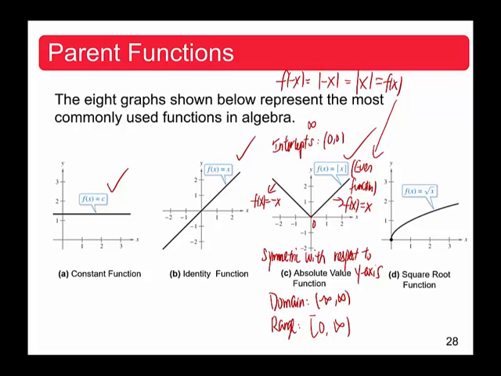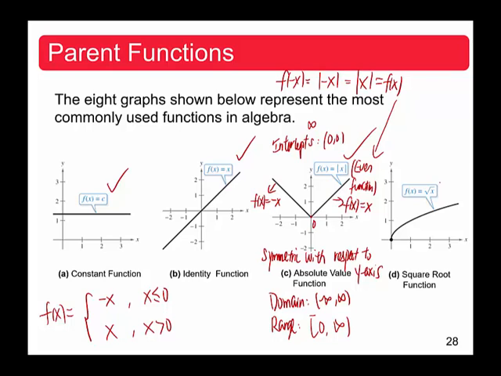So if you want to write the absolute value function, it should also be written as negative x when x is less than or equal to 0, and then it's x when x is greater than 0. So you can split it into a piecewise function for the absolute value function.